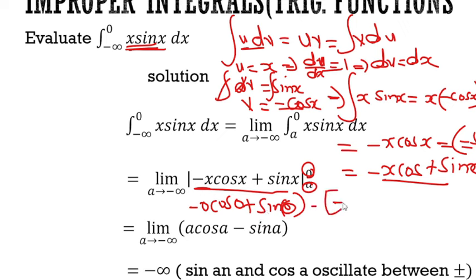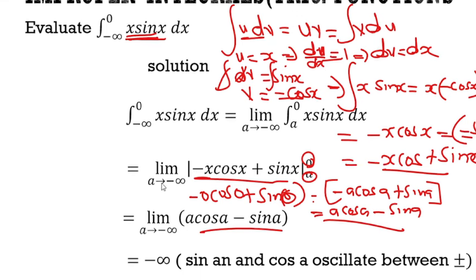So this is negative a cos a plus sine a. So here, this negative will affect the entire thing. So negative times negative will give us positive. We're going to have a cos a. The negative times positive gives us negative. So we are going to have negative sine a here. And that is what we have here.